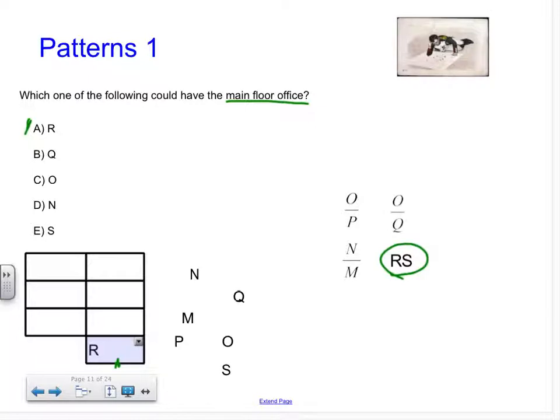And if it's on the bottom floor, there's no room for S. So we can eliminate A, because that is not a possibility.